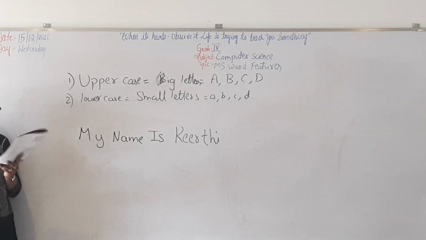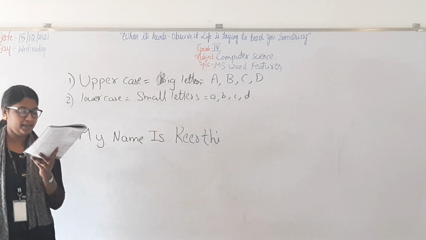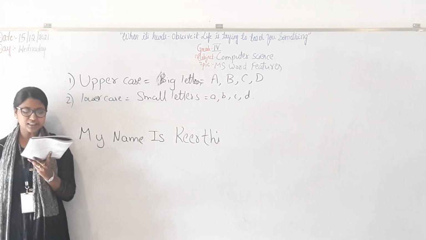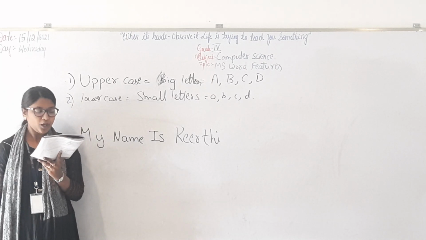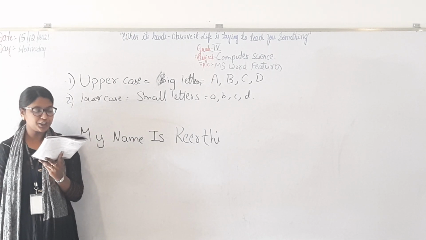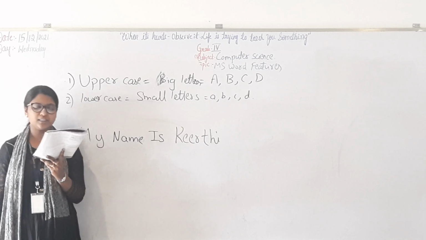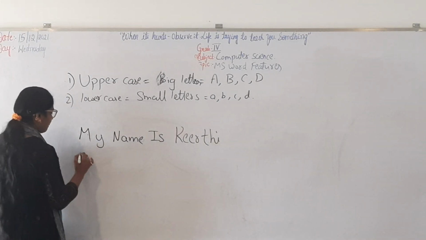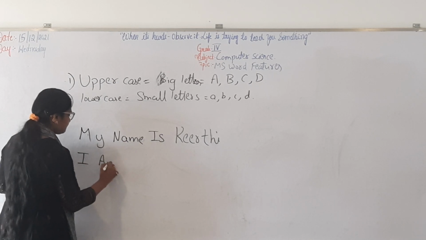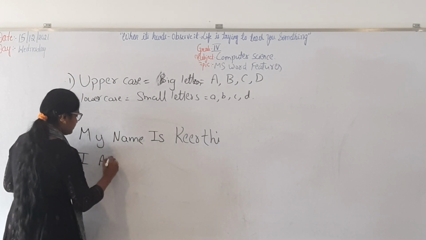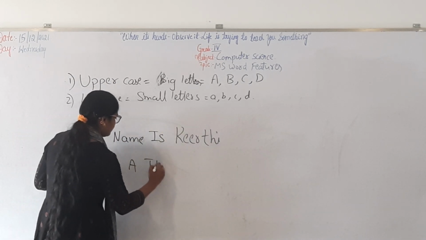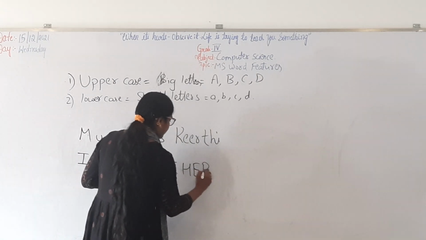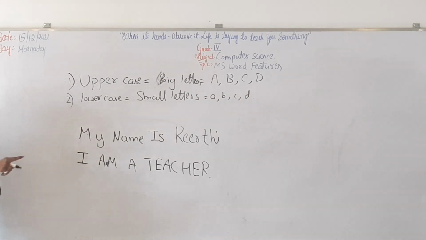Then toggle case. What is this toggle case? MS Word reverses the cases of each letter in the selected text. All uppercase letters are changed to lowercase and all lowercase ones to uppercase. For example, it is all in uppercase, right?